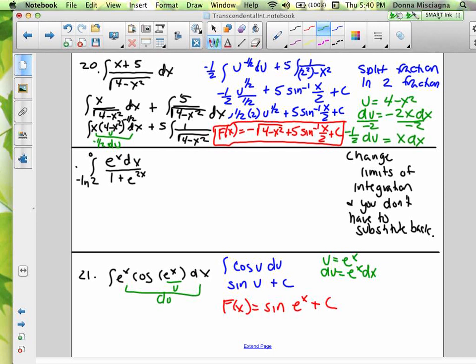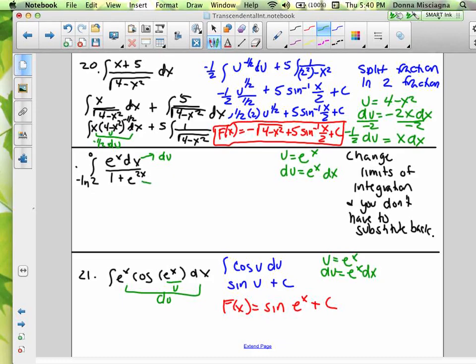However, if we make u instead be, this is a unique one, e to the x, that means du is e to the x dx. So this part up here is du. The 1 stays. So you might think, oh wait, is that the u?